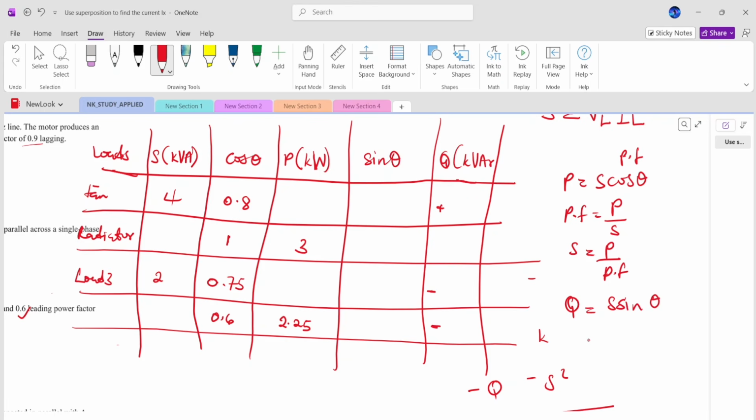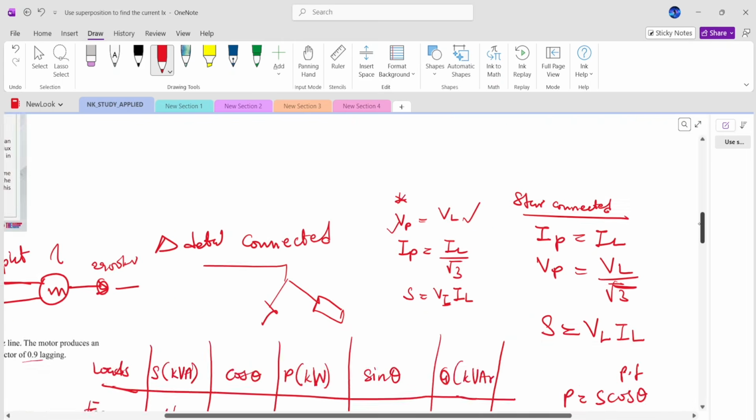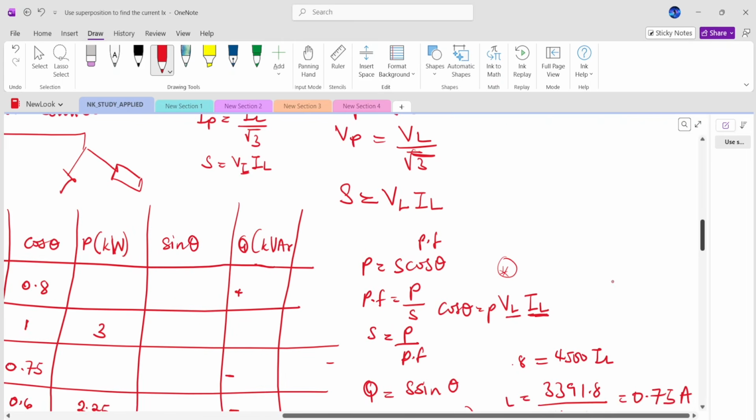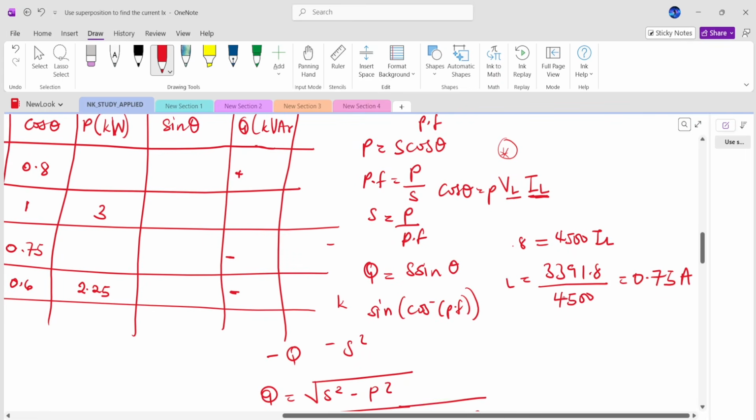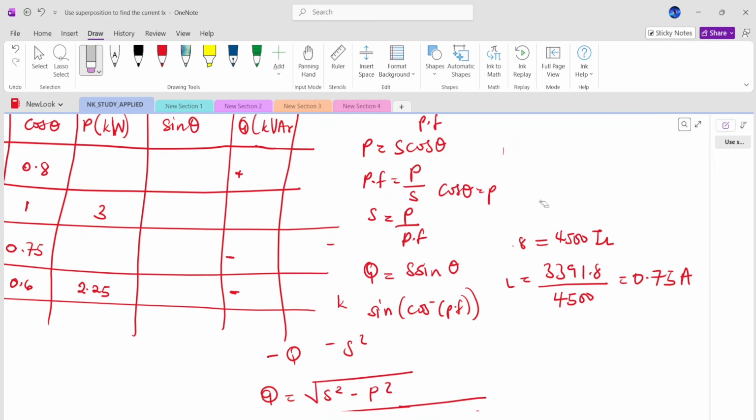To find theta, sine theta is actually sine of the cos inverse of the power factor, because we know cos theta is equal to power factor.